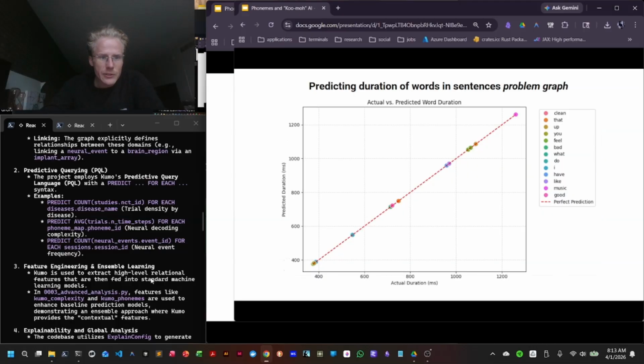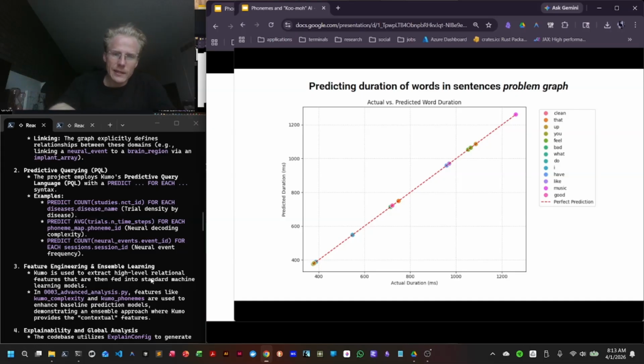And then you can use it for all sorts of other things, like, once it's set up, predicting the duration of the words in a sentence, a problem graph. And this is just one of the sentences, taking that one sentence and however many times it came across that sentence in the entire study, which was 141 days long, I think.